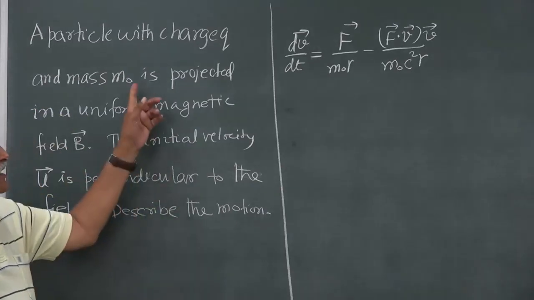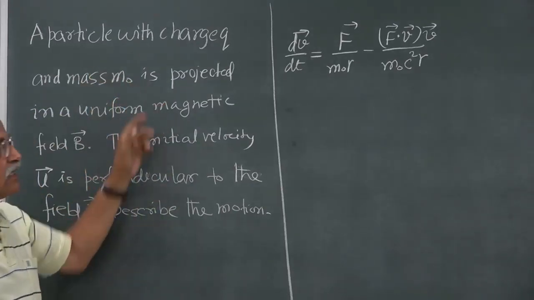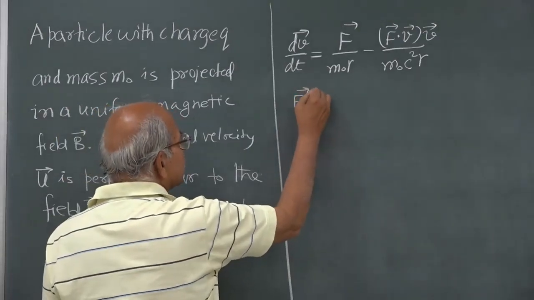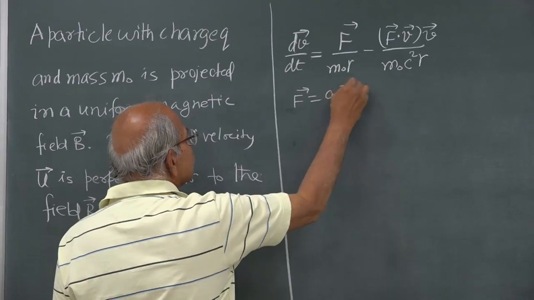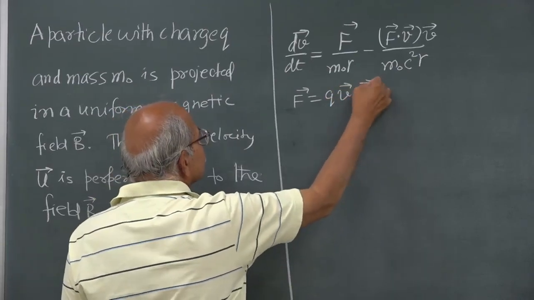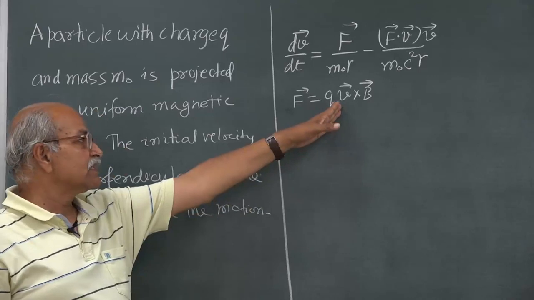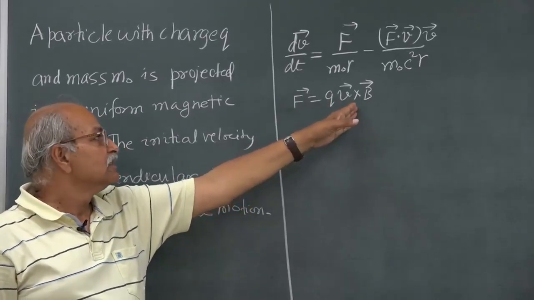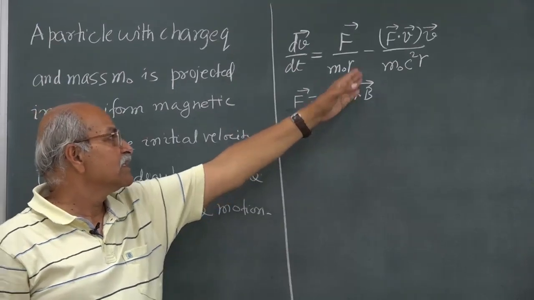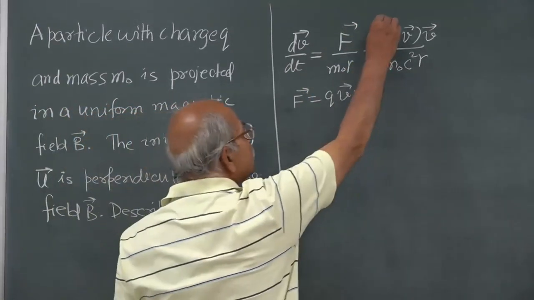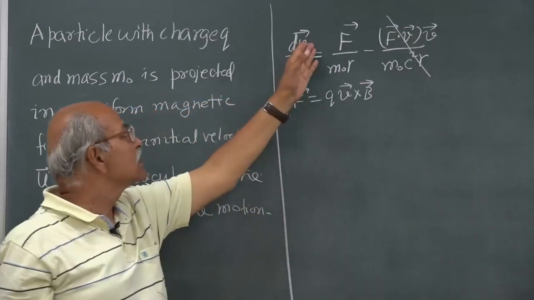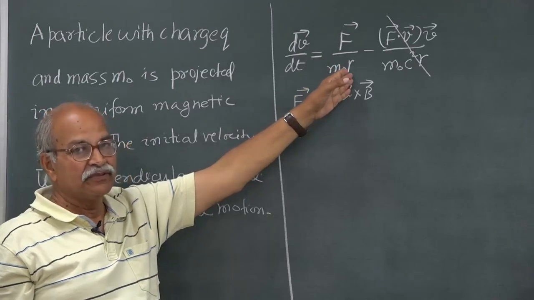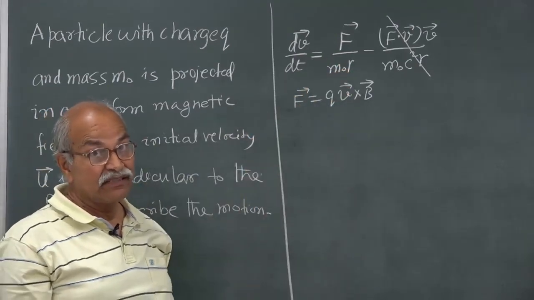In this case it is a magnetic field and a charged particle, so the velocity and force are perpendicular all the time. F is q v cross B. Force is perpendicular to the velocity and also perpendicular to the magnetic field. Since force is perpendicular to velocity, this term will be 0, and you will have a simple relation: dV dt is f divided by m naught gamma. That is one great simplification.